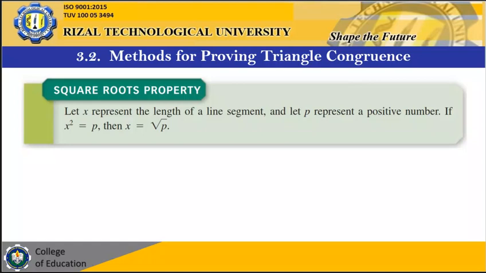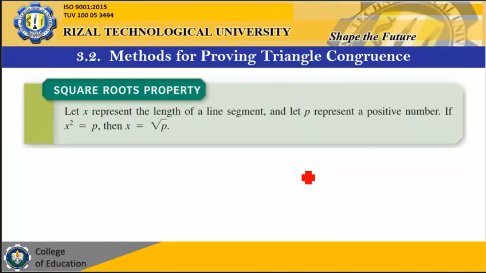Let's talk about the square root property. This property is helpful for us to solve for the lengths of the sides of a given right triangle. Let x represent the length of a line segment, and let p represent a positive number.